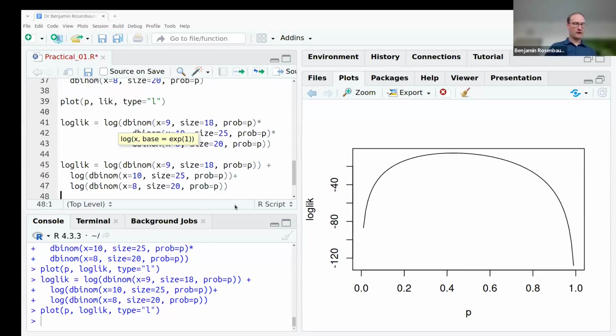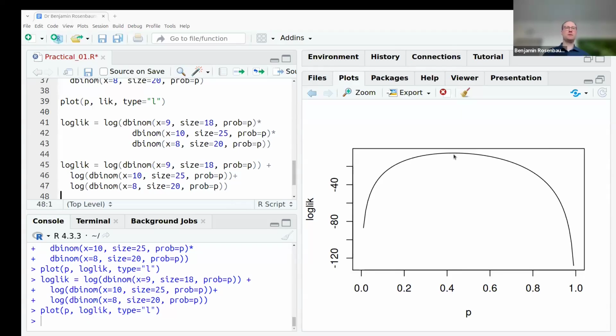In this case, I just plotted it against this parameter, and we can also extract for which of these parameters the maximum is reached, because we just had one parameter.